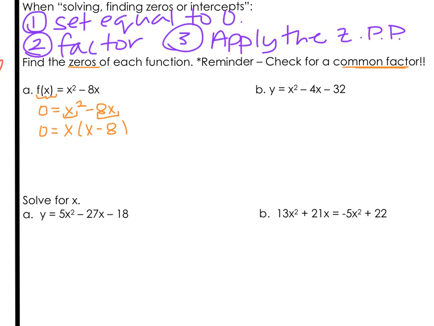Now what's unique about this is anytime you see x, whether it's on the outside of the parenthesis or in a parenthesis, you set that entire part equal to 0. So what it looks like for the x on the outside, that's a pretty easy answer. X equals 0. That's an x-intercept. Now the parenthesis is very similar to what we had in lesson 4.2.